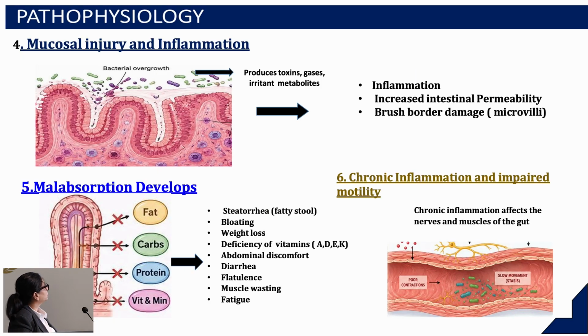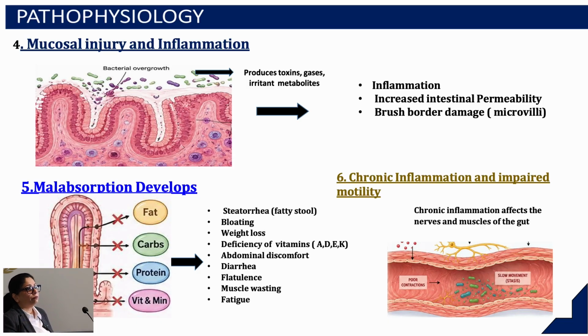If we look at the mucosal injury and inflammation, whenever there is a bacterial overgrowth, what happens? It produces toxins, gases, acids, which will irritate the intestinal lining. Also, it can damage the brush border and cause inflammation and intestinal permeability, leaky gut, you see.